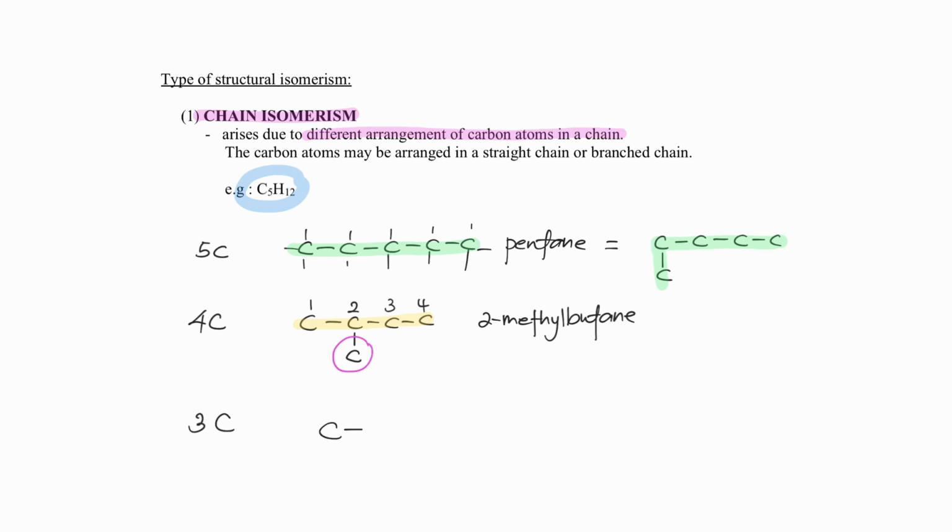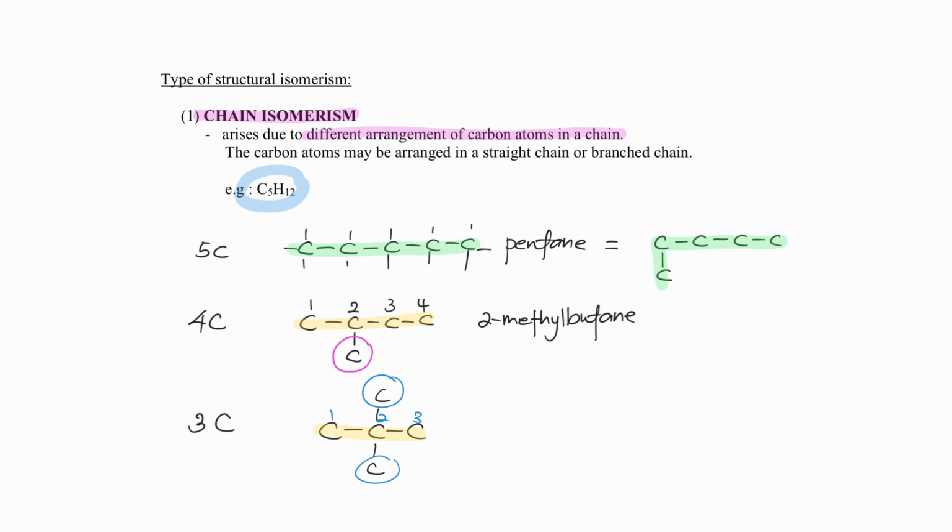The next one, we could go for a molecule with 3 carbons as the longest carbon chain. The 4th and the 5th carbon, we put at the second carbon. This is the 3rd isomer of C5H12. Let's go for the naming of it. We find the longest carbon chain, which has 3 carbons, and there will be 2 branches, where we have 2 CH3 at the second carbon.